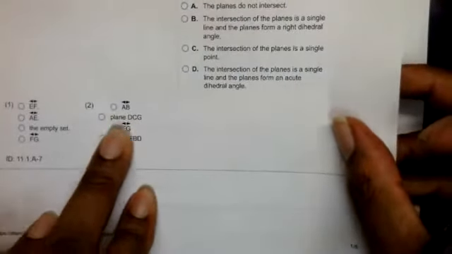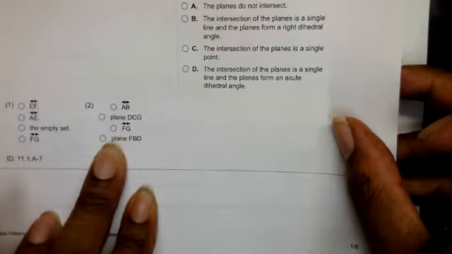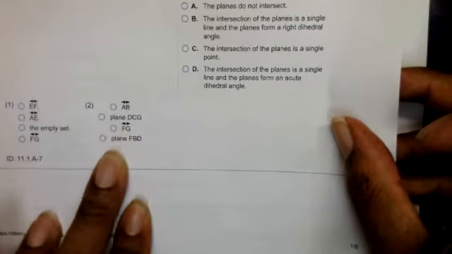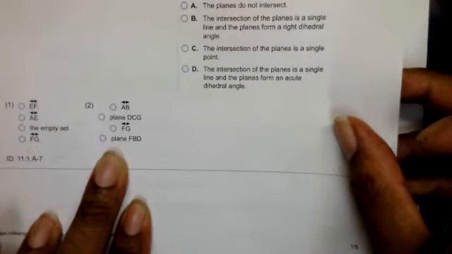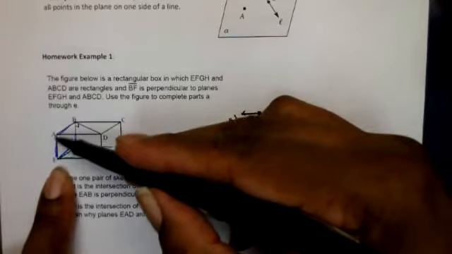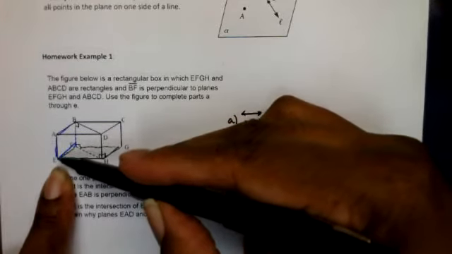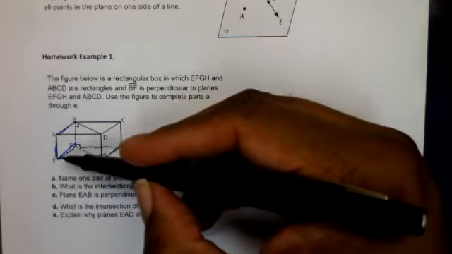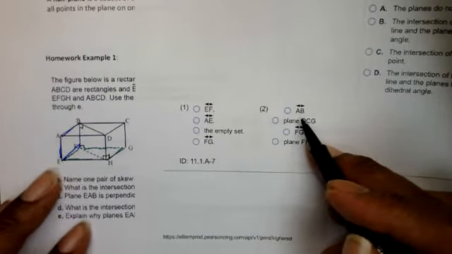In this case, the choice of answers is right here. So here they're giving you a drop-down menu in the homework. So pretty much you'll just have to determine which one of these fits the fact that EAB is perpendicular to what. So EAB is perpendicular to, let's see. Would it be perpendicular to AB? But here's AB right here. That would not be it.